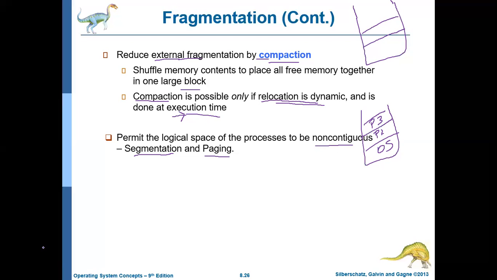Then we discussed memory allocation, the multiple partitioning method. Under that, we discussed two techniques: fixed size partition and variable size partition. Fixed size partition creates one type of fragmentation, called internal fragmentation.